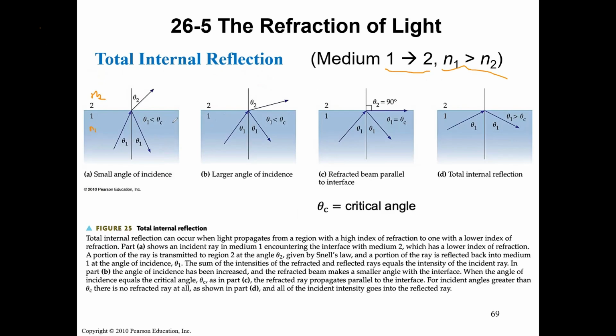Okay, for example, we can have water in here and air in here, and the light is going from water to air, right? And what happens is that because air has a smaller refractive index, theta 2 should be larger than theta 1. Remember, n sine theta is a constant.